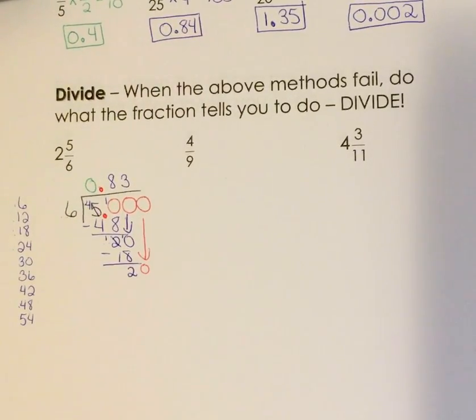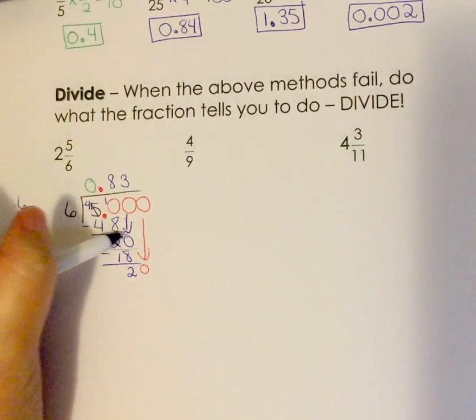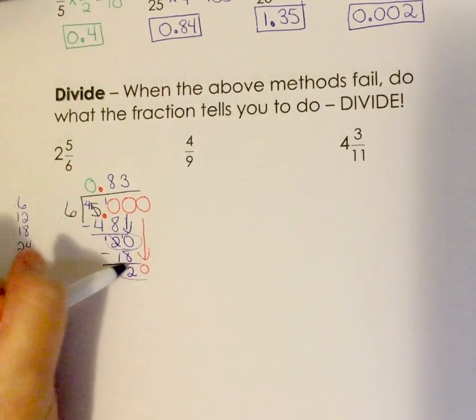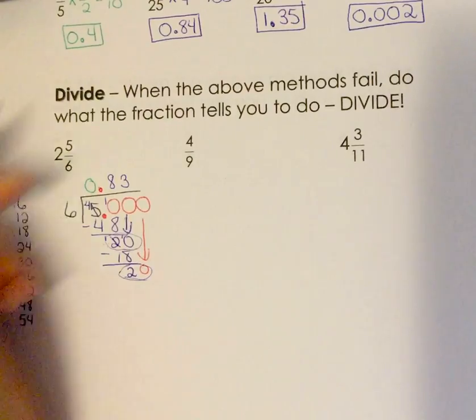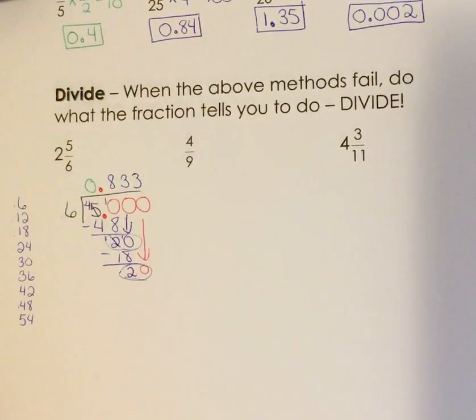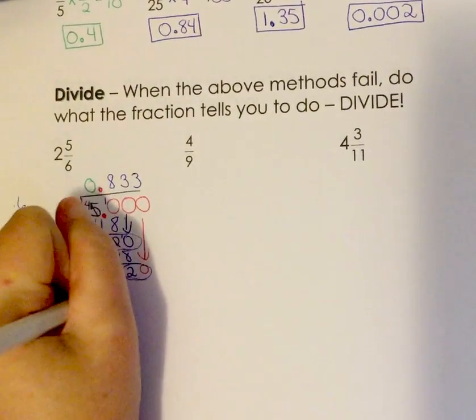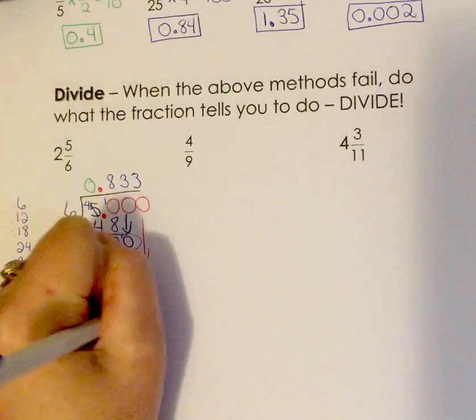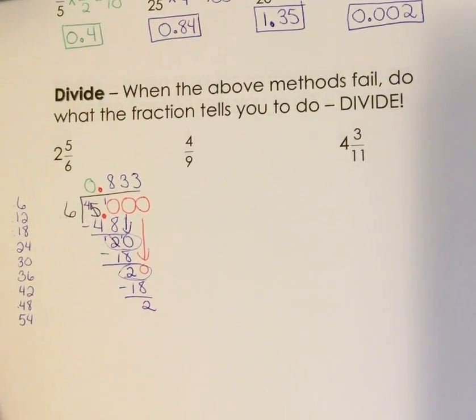So now I need to do 20 divided by 6. Wait a second. Take that back. 20. So that means it's going to go in 3 times again. And if I keep subtracting 18, I'm still going to keep repeating a 2. So that means that the 3 is repeating.